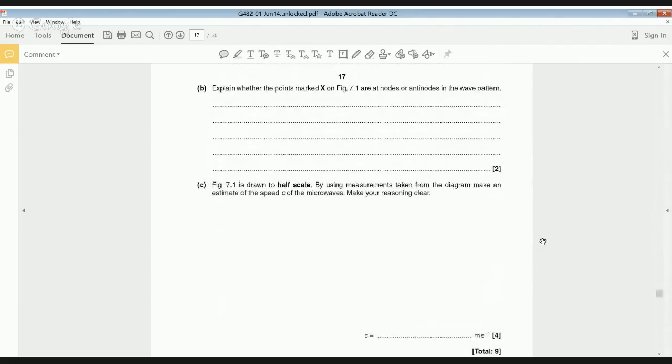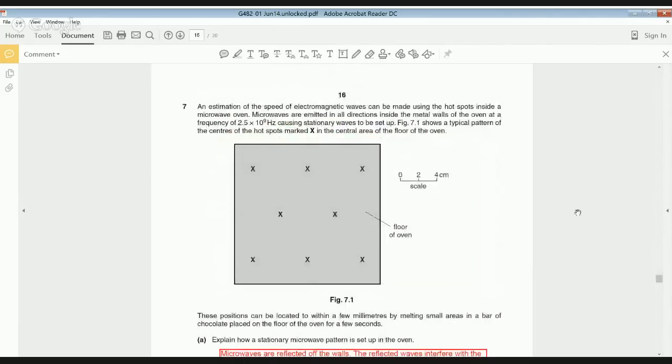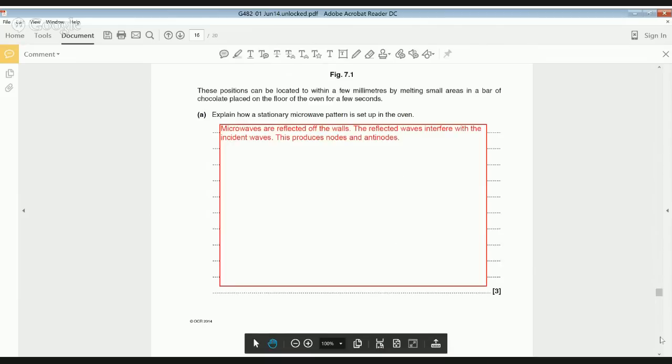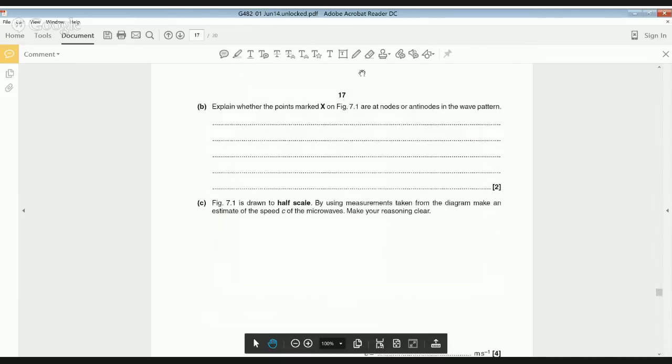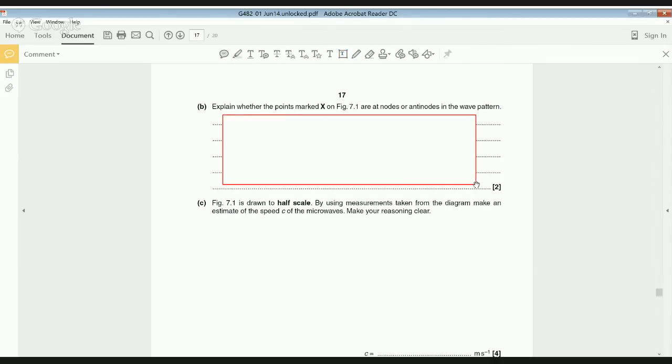Explain whether the points marked X on figure 7.1 are at nodes or antinodes in the wave pattern. Remember, the points marked X represent the hot spots. That's where the chocolate or the cheese would melt the most. So it makes sense that these are the places where there is the most energy. So that's not going to be a node. Remember, a node is where there's actually no oscillation at all, because it's fixed.